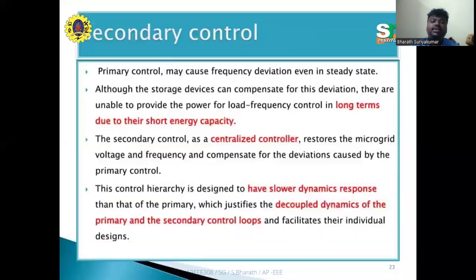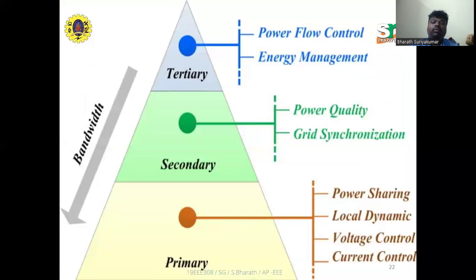Next, we are going to see what a secondary control is. What happens in each stage of the control system? The bandwidth reduces. The primary control is the major control system. Power sharing happens, local dynamic sharing happens, and voltage control and current control are maintained by the primary control. When it goes to secondary control, it narrows down.